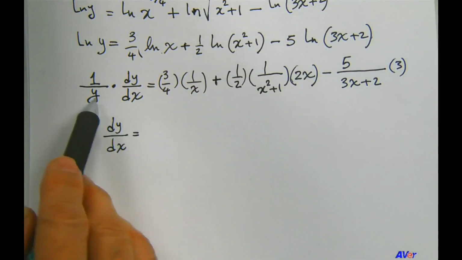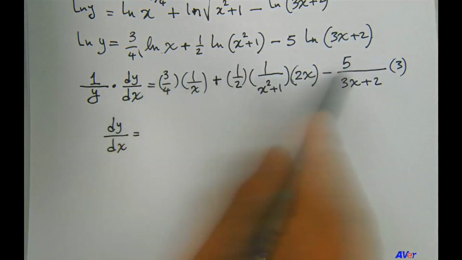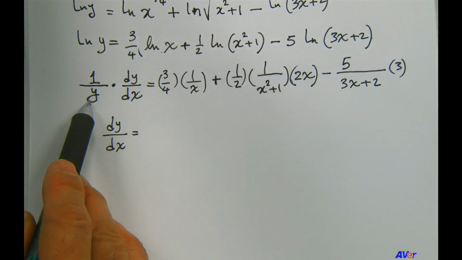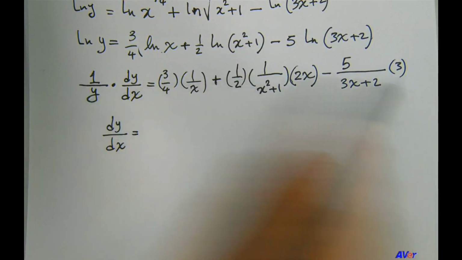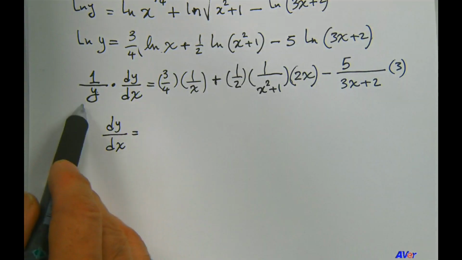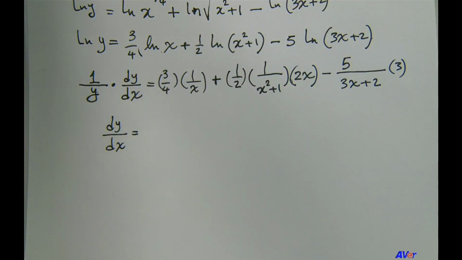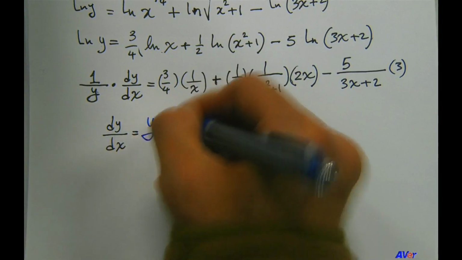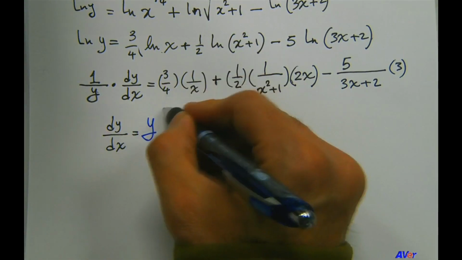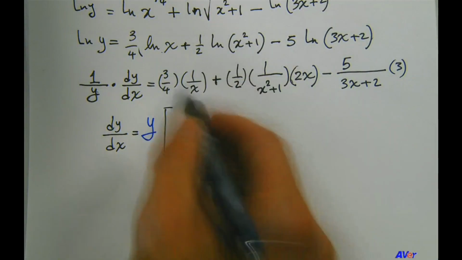equals, if we multiply both sides by y, right? Multiply both sides of this equation by y. The y cancels out on this side. We have dy dx. And then on the other side, we have y times all of that, whatever we have. But let's simplify it.